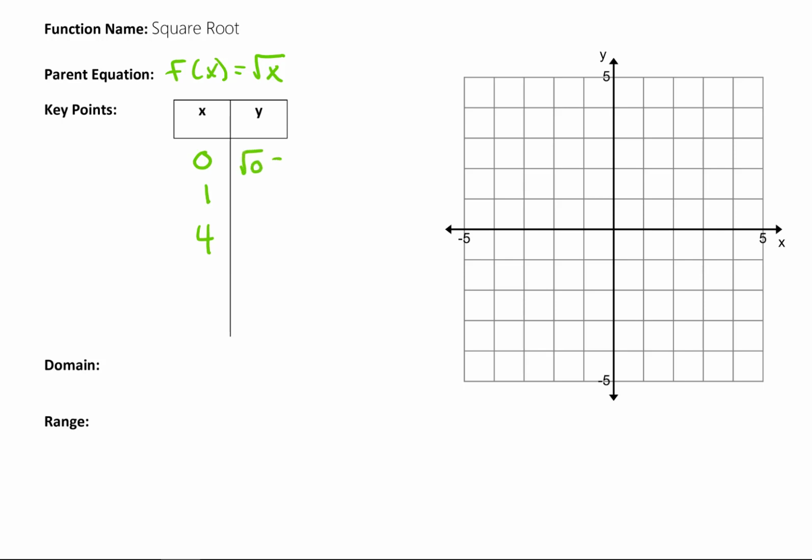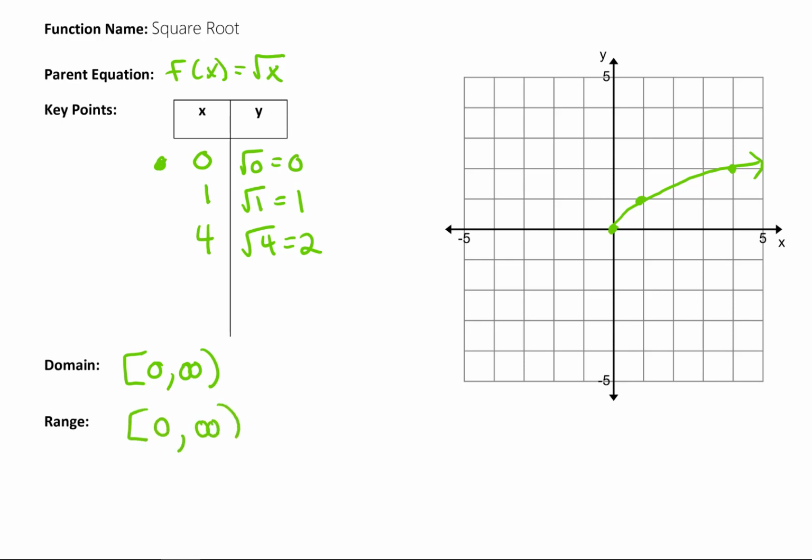So the square root of 0 is 0, square root of 1 is 1, and the square root of 4 is 2. So I'm going to plot those, and there I have the graph. The domain now starts at 0, and it includes 0 because we actually have a point there, and our range are positive values.